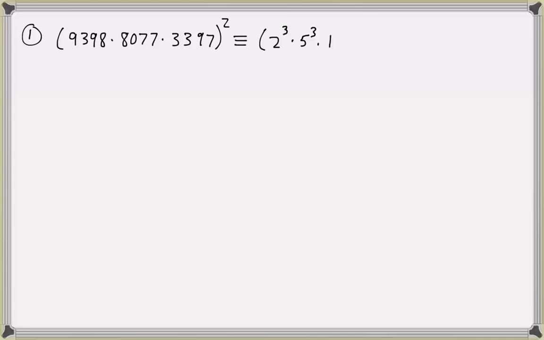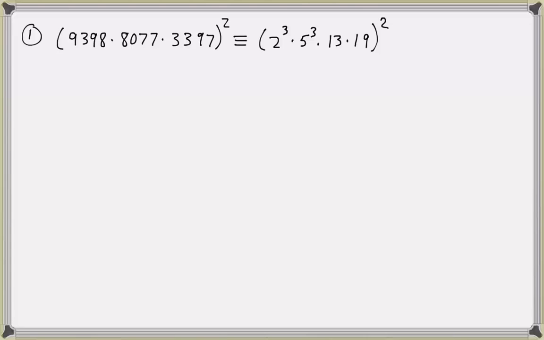In the first example, we get 9,398 times 8,077 times 3,397, the quantity squared, will be congruent to 2 cubed times 5 cubed times 13 times 19, the quantity squared.